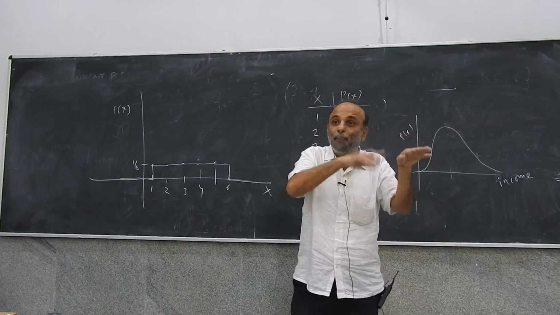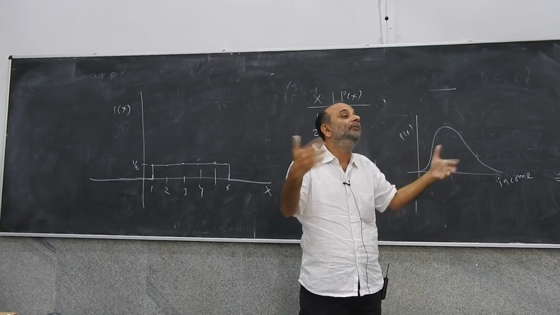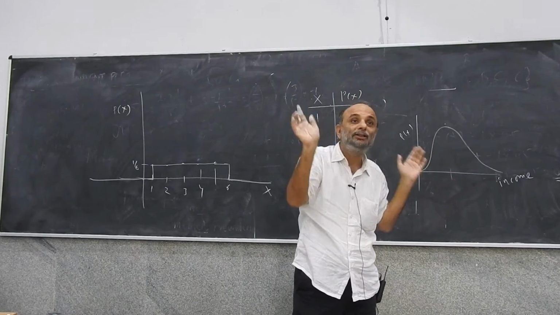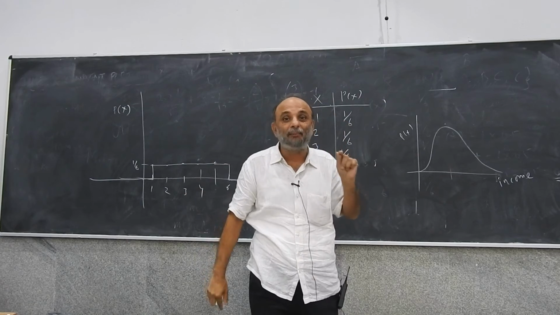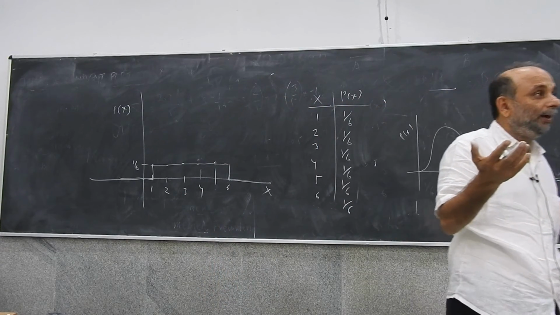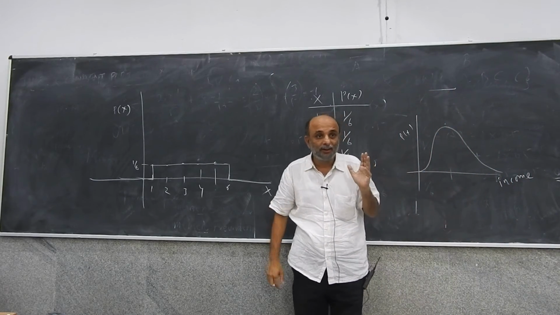So my X bar, the sample mean, is a random variable, whereas what I want to know is a fixed number. The two things are fundamentally different. You understand the difference between the two? It's a very important difference.